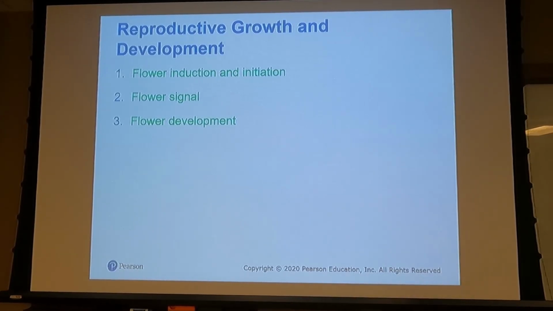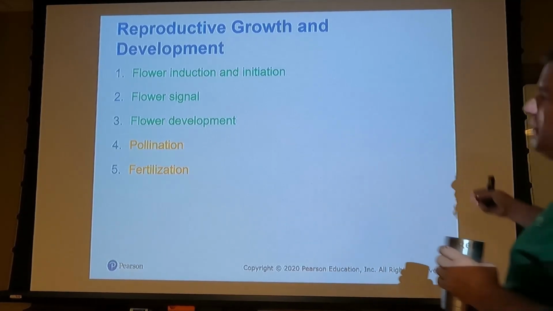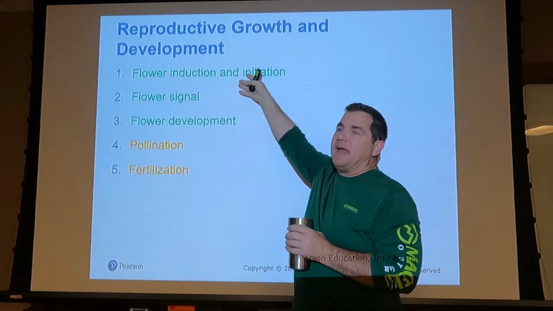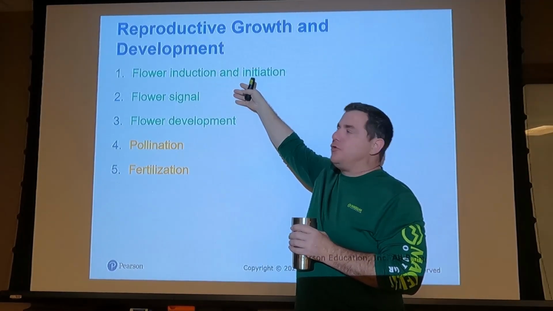Next, there will be a flower signal as the light increases, and then flower development. So flower induction and initiation, flower signal, and flower development. This is going to be that transition phase from juvenile to mature.